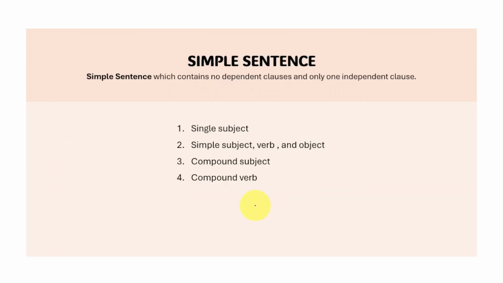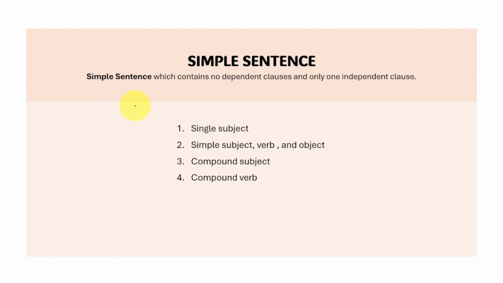Now, the simple sentence contains no dependent clause, only one independent clause. When I say independent clause, it means a complete thought. I'm not talking about a dependent clause, but an independent clause.